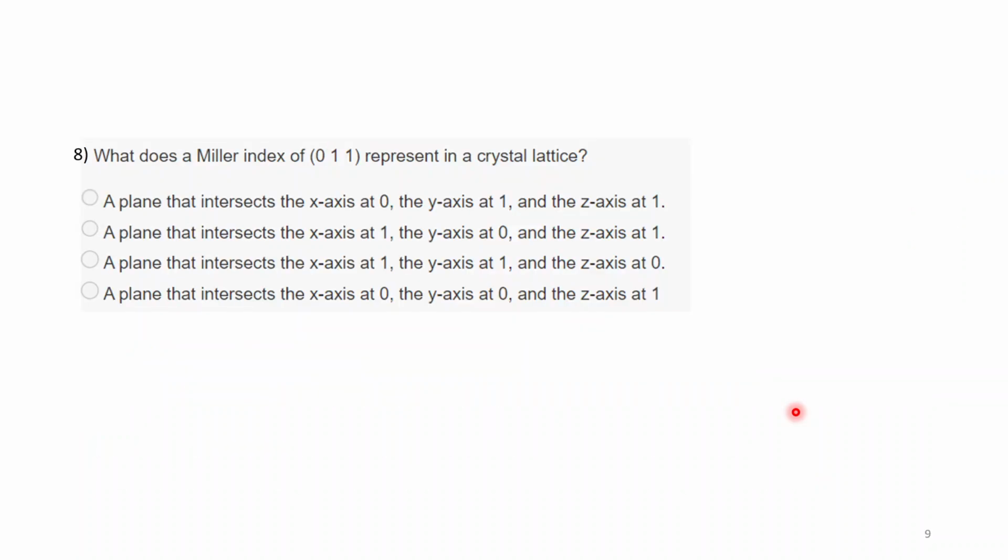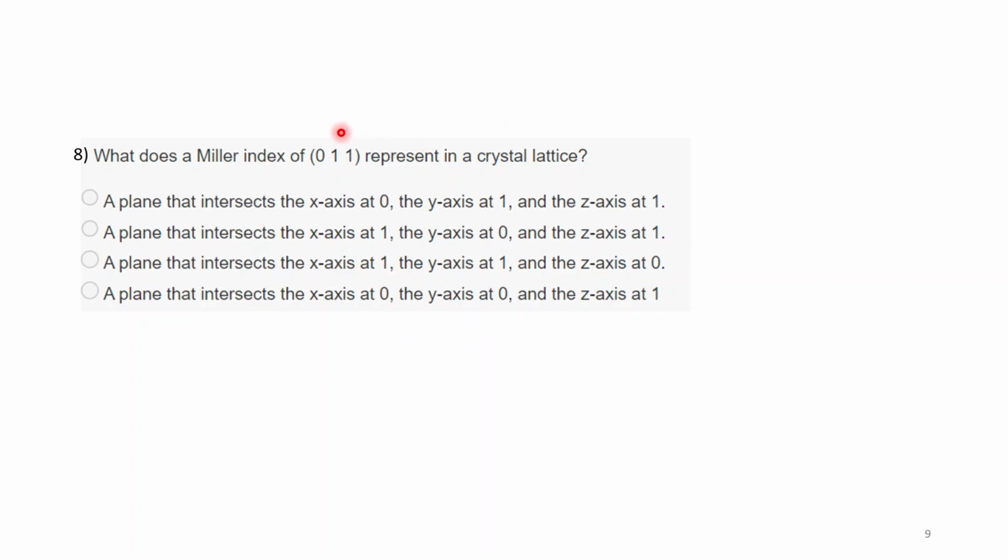Next question is, what does a Miller index of 0, 1, 1 represent in a crystal lattice? Your options are a plane which intersects x-axis at 0, y at 1, z at 1, or x at 1, y at 0 and z at 1, x at 1, y at 1 and z at 0, or x and y at 0 and z at 1.